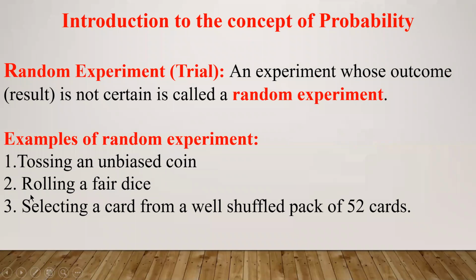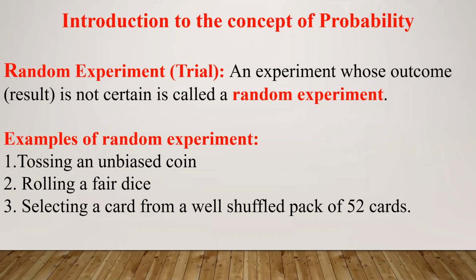Then the second example, rolling a fair dice. If you roll or throw a dice which has 6 faces, and the numbers 1 to 6 are written on the faces of the dice, you cannot say with surety that you are going to get the number, say 5, on the uppermost face of the dice.